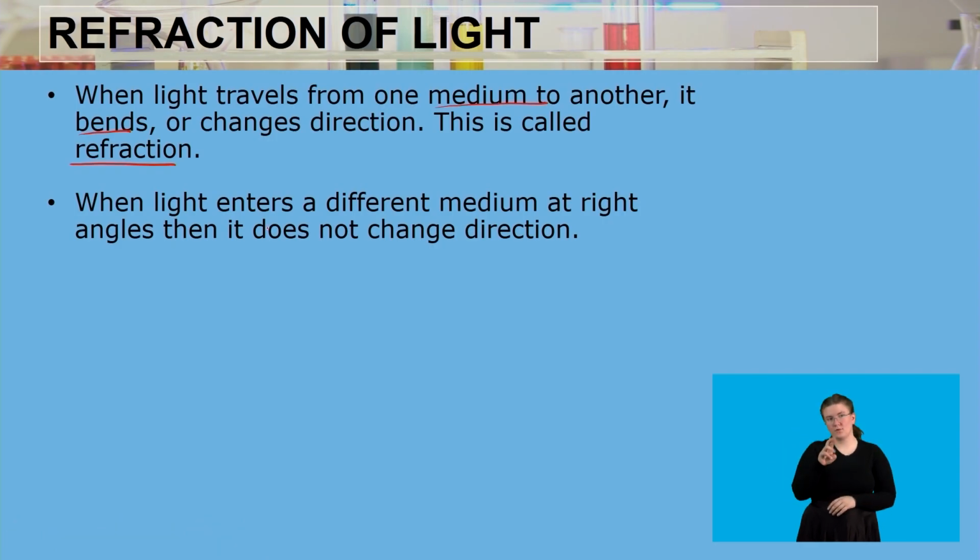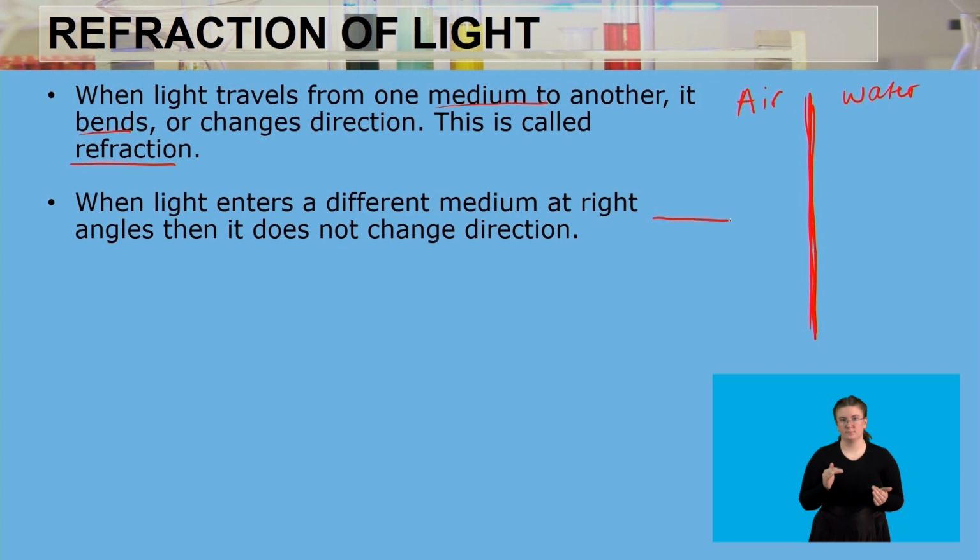When light enters a different medium at right angles, it does not change direction. So if this is the border between two mediums, let's assume it's air and maybe water. If light travels from one medium to another medium at 90 degrees, then there is not going to be any change of direction.